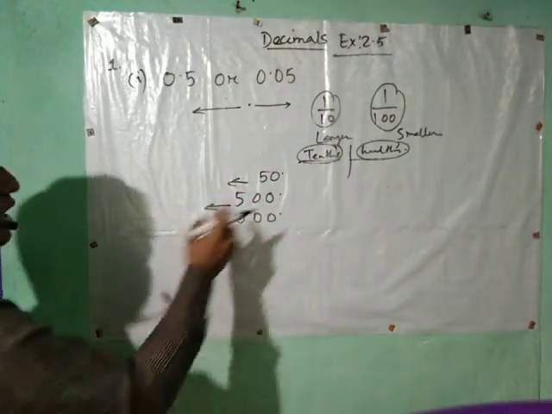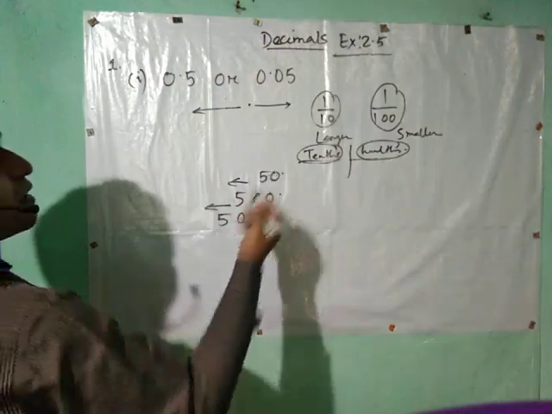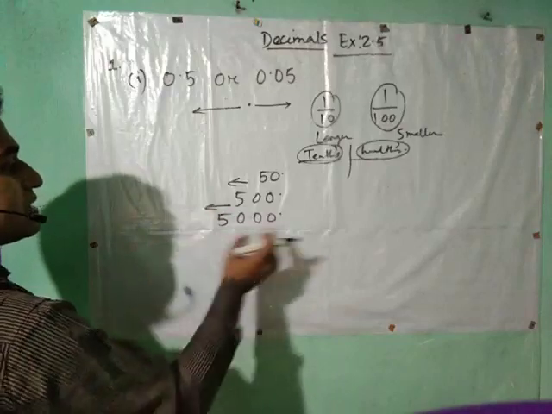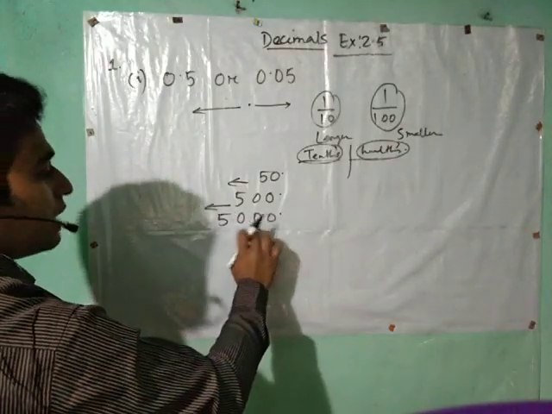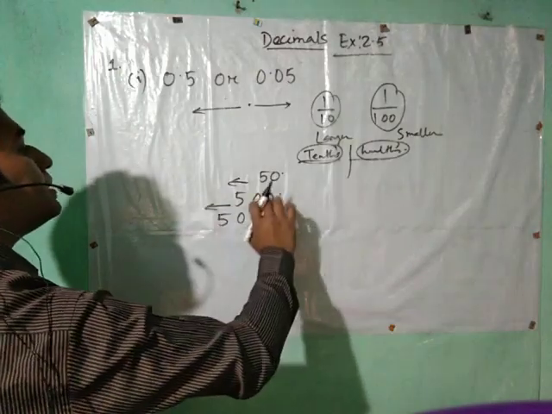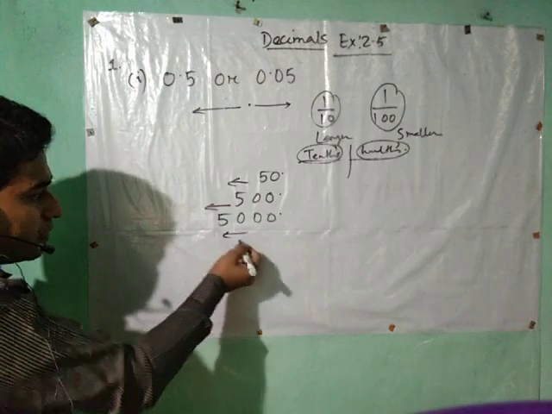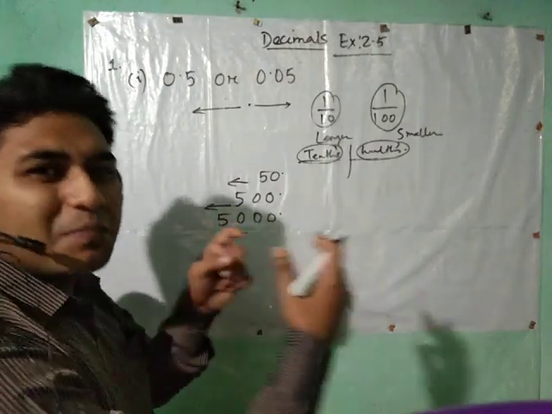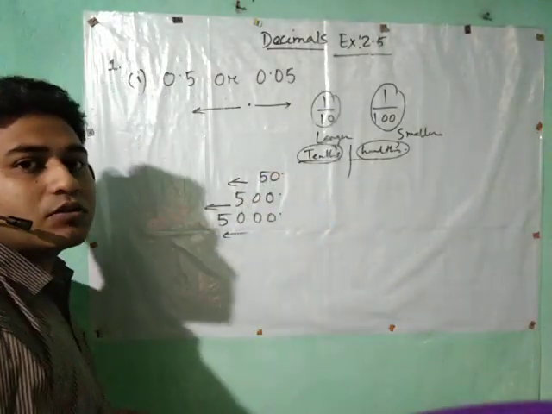If you shift one place towards left, the number is becoming larger. Now I am displacing one more place towards left. That means this is becoming 5000. Now 5000 is very much larger than these two. That means the more we bring it to the left, the value becomes larger. If we take it this way, definitely the opposite will happen. What will happen?